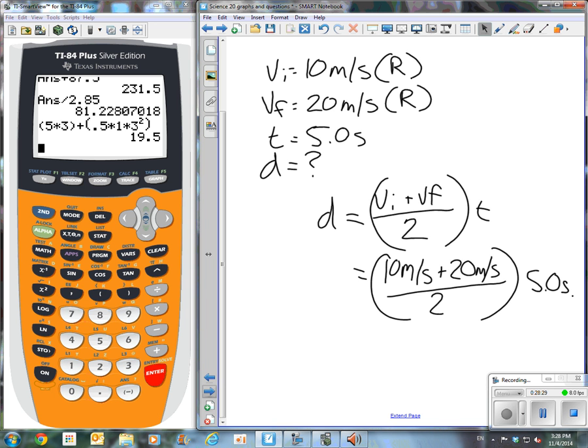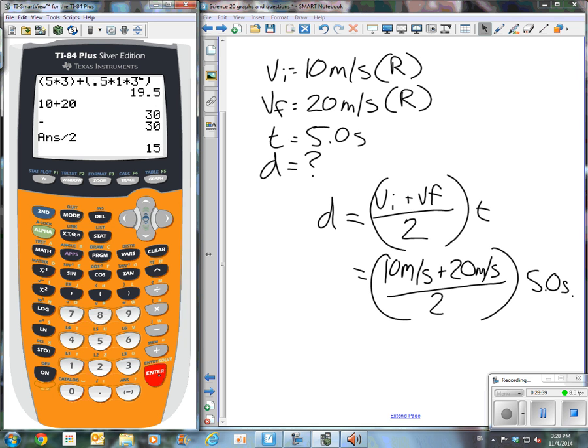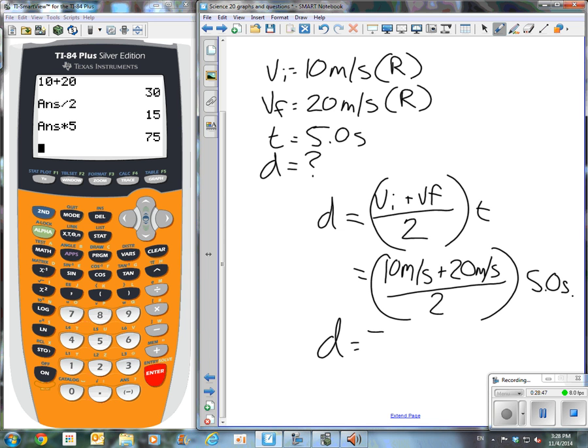To my calculator, I can just do 10 plus 20, that gives me 30, divided by 2 gives me 15, and I'm going to multiply that now by 5. So 75, the distance traveled there is 75 meters, and we would put right.